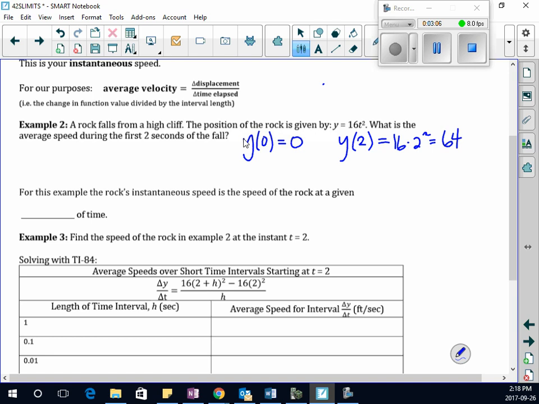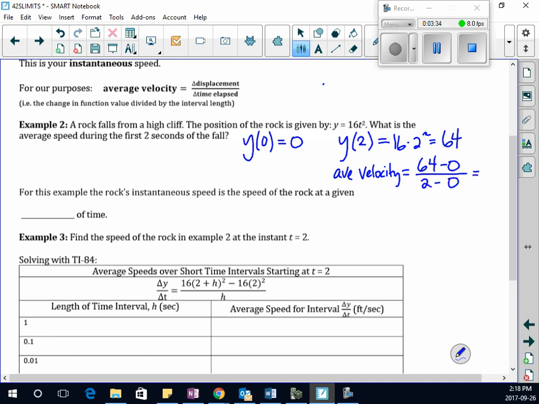So we're going to use average velocity. So average velocity is equal to the change in displacement. So it went from 0 to 64. So if you want, you can just put 64, but I'm gonna show my work. I'm actually subtracting 0 because if I started somewhere else, it wouldn't be 0, right? And then the change of time, again, it's 2 seconds minus 0.